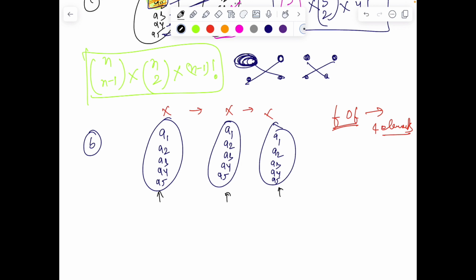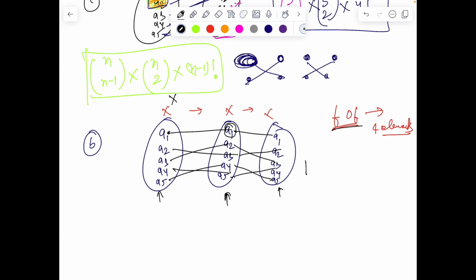Suppose this is the first set, second set, and third set, of course all of them are identical. If the second set contains exactly 5 elements, then can we have f of f as 4? Clearly no. Because a1 goes to 1, 2 will go to 3, 3 will go to 2, 4 will go to 5, and 5 will go to 4.